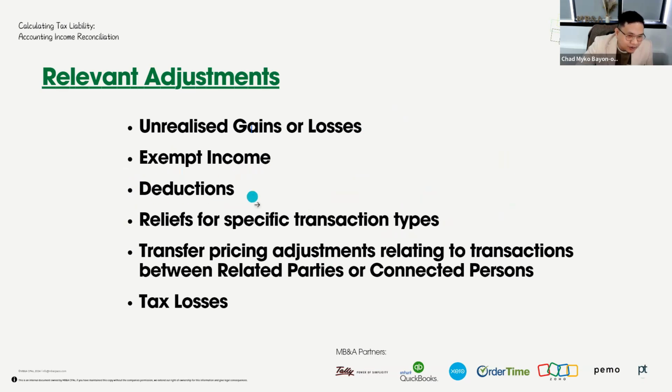And then for the deductions, relief for specific transactions, transfer pricing, and tax losses, this would be part of our special webinar series. Okay, so please stay tuned. At least you already have the difference between cash basis accounting and then the reconciliation of your income. The next topic that we will be having will be related to this.